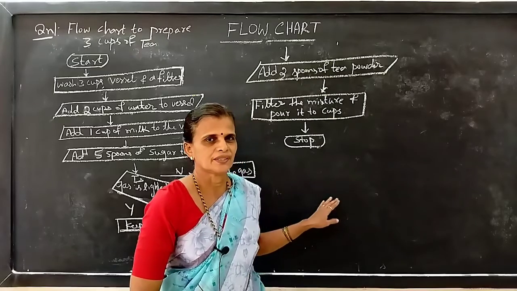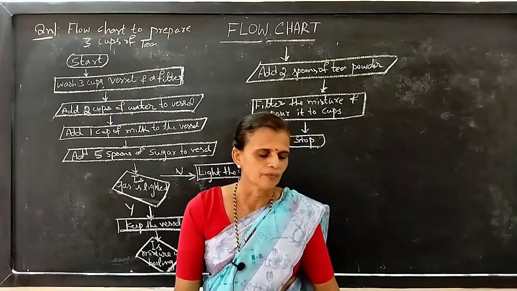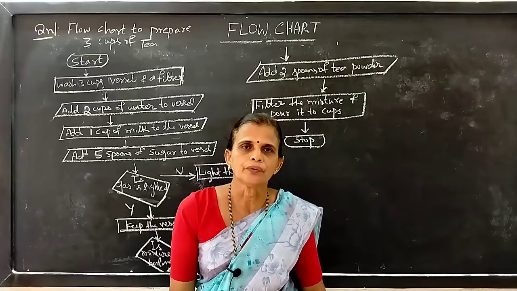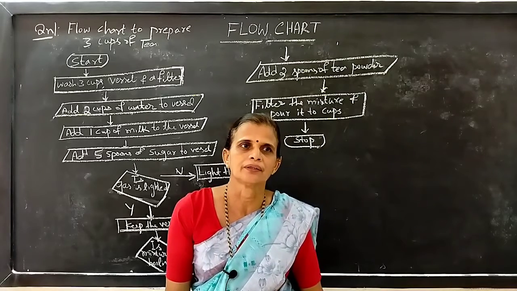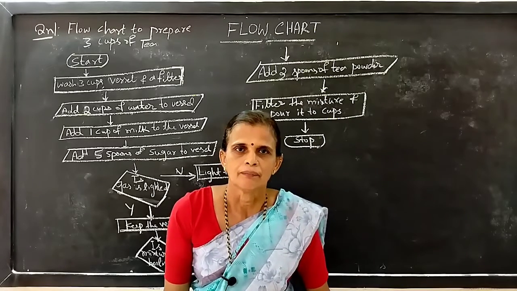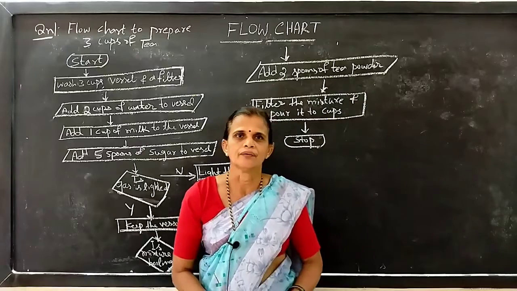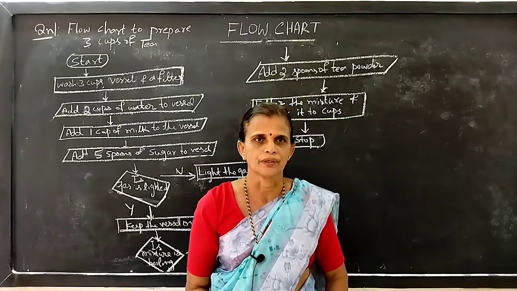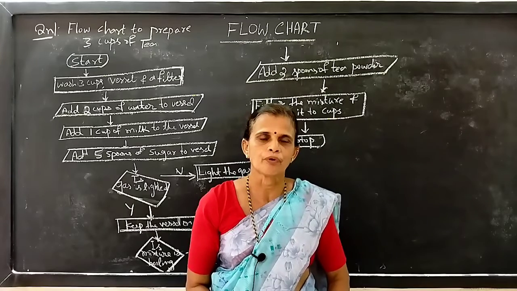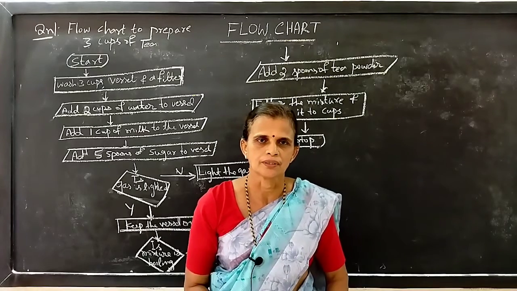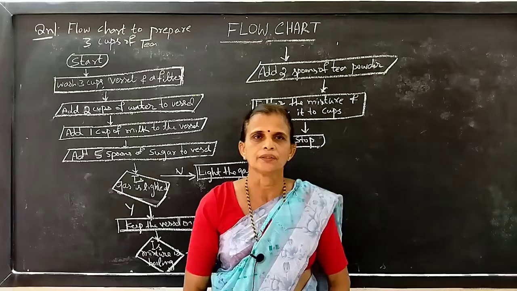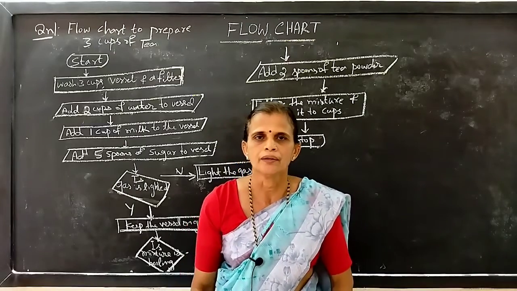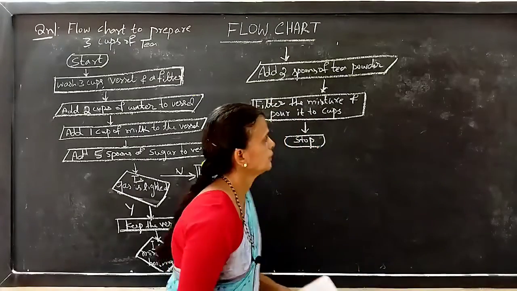Easy to understand. Now we will do one more example in our general life or business life, for example, to decide profit or loss. Okay, let us do one more example and we will understand.